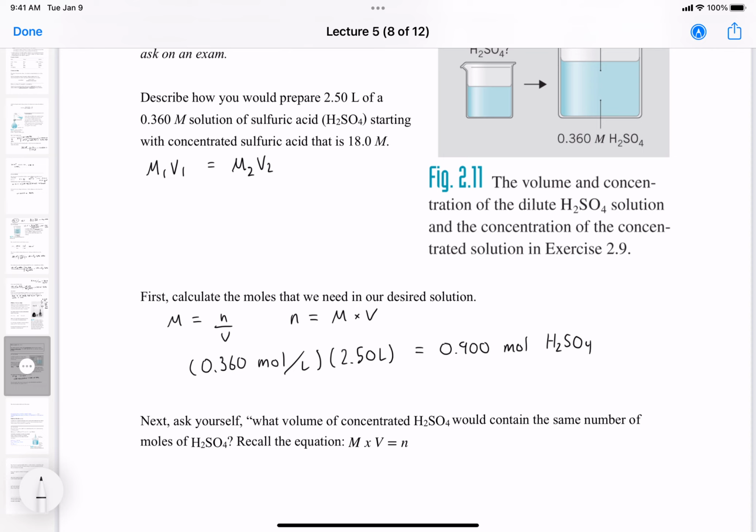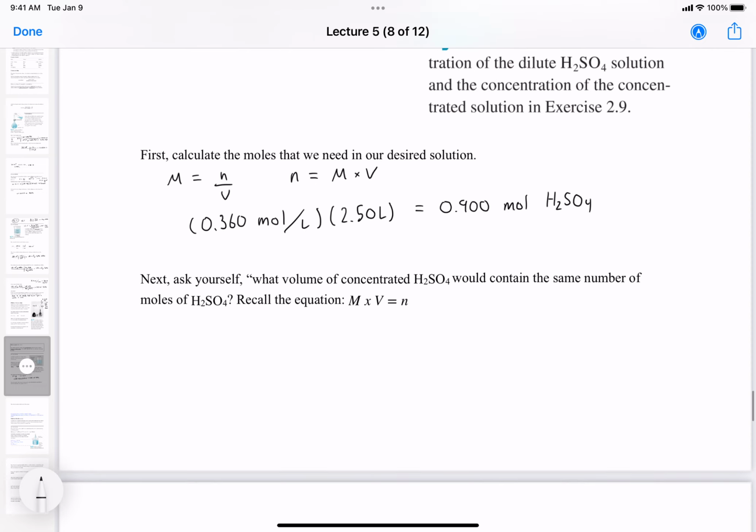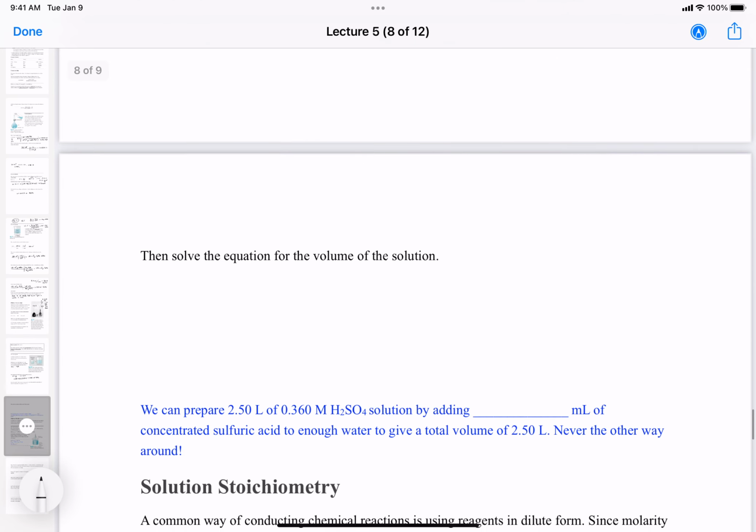Okay, so now we're going to ask ourselves, what volume of concentrated H2SO4 would contain the same number of moles of H2SO4? Now let's solve for the volume of the solution.